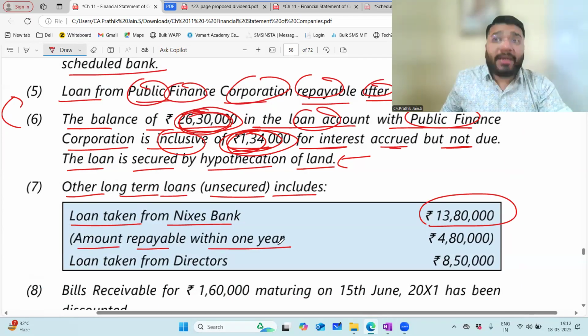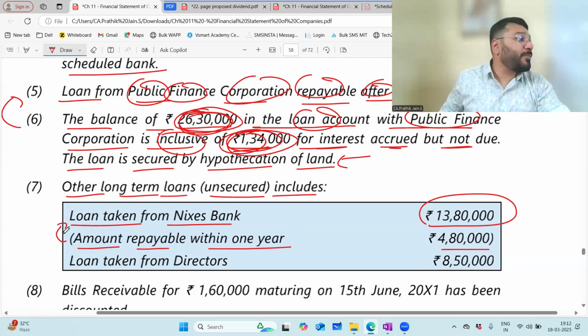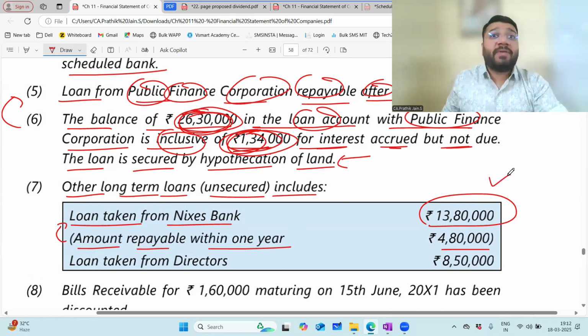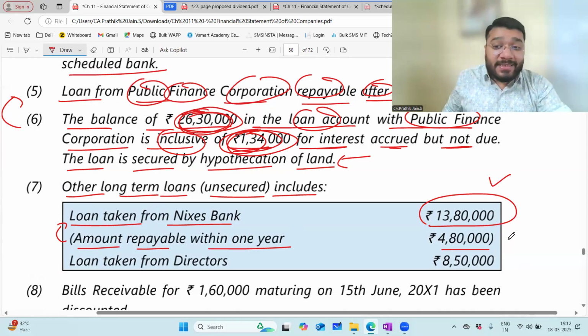Amount repayable within 1 year is 4,80,000. This is given in bracket, which is in continuation of the previous point. Which means out of the 13 lakh 80,000 unsecured loan I've taken, 4 lakh 80,000 rupees I have to pay within 1 year. So this is current maturities of long-term debt. And loan taken from that is 8 lakh 50,000 rupees.